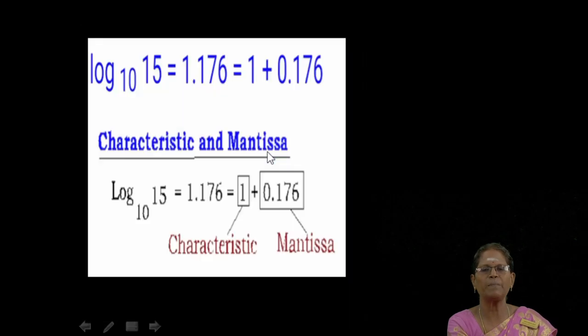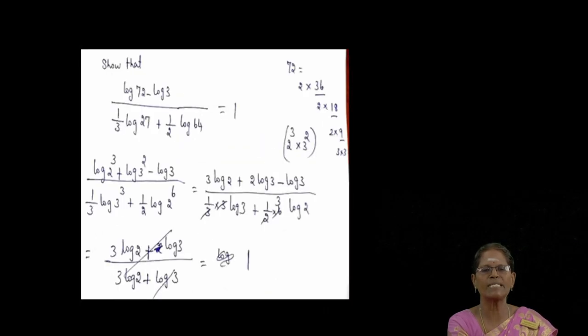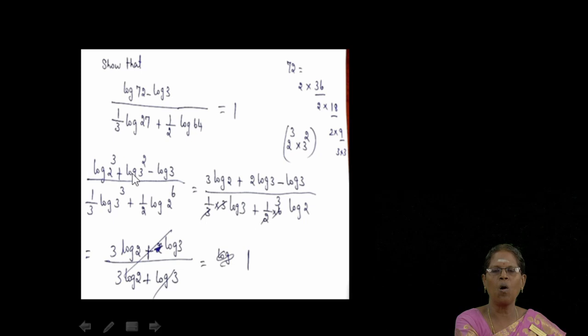So in this pattern, we are going to separate the number: log 2 cube. Here it is multiplied, but when it is separated, two log numbers come: log 2 cube plus log 3 square. And already there is one log 3, so it is given as minus log 3. And again, 27 can be written as 3 cube and 64 can be written as 2 to the power 6.